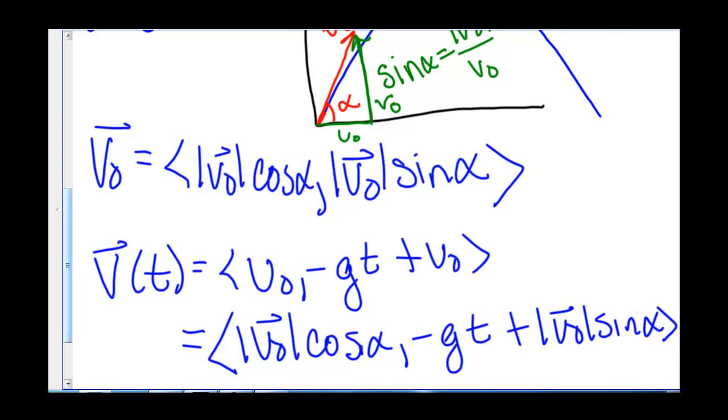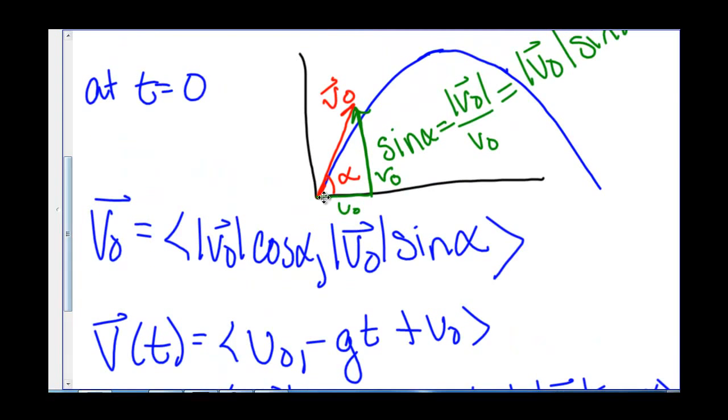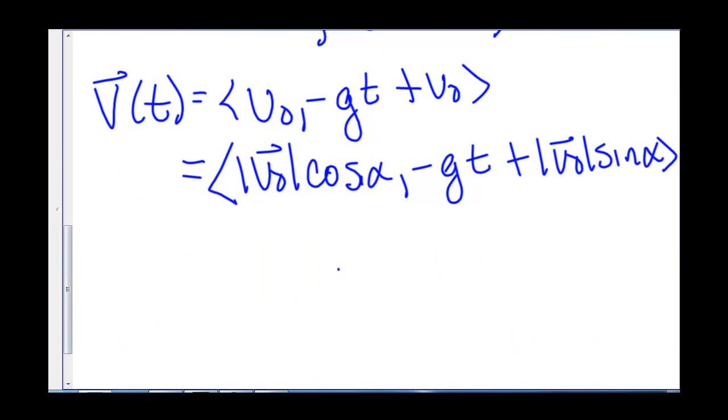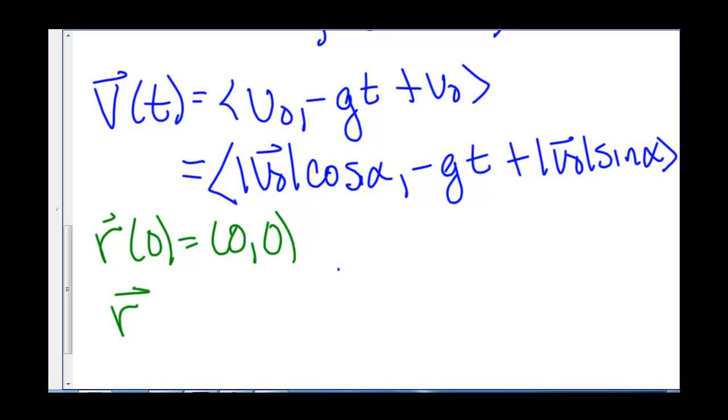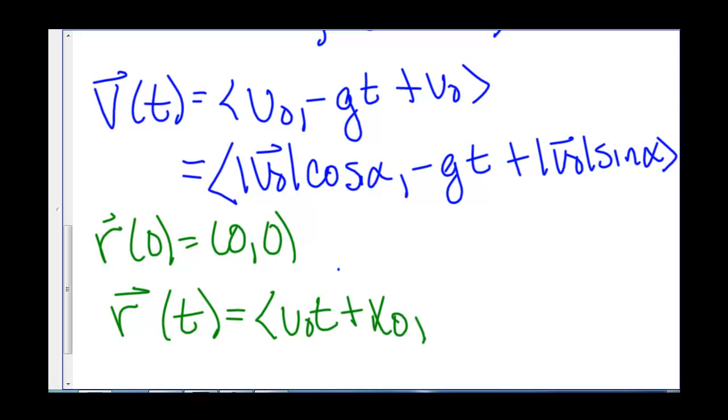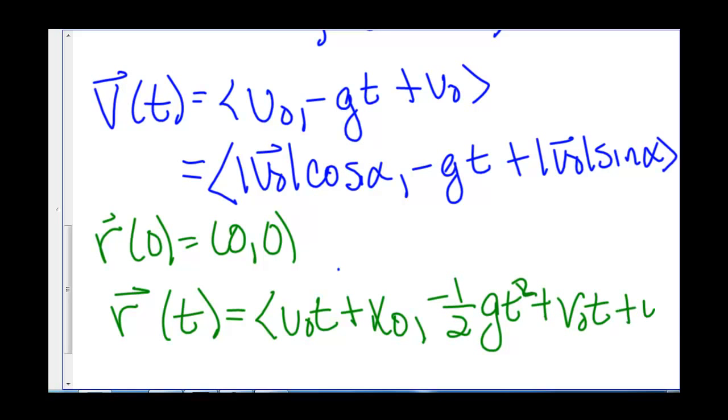For the position, since we start at position (0, 0), our initial position r of 0 is (0, 0). That's where we oriented ourselves, just to make things easy. So we know that our position equals (u naught t plus x naught, negative 1/2 gt squared plus v naught t plus y naught).